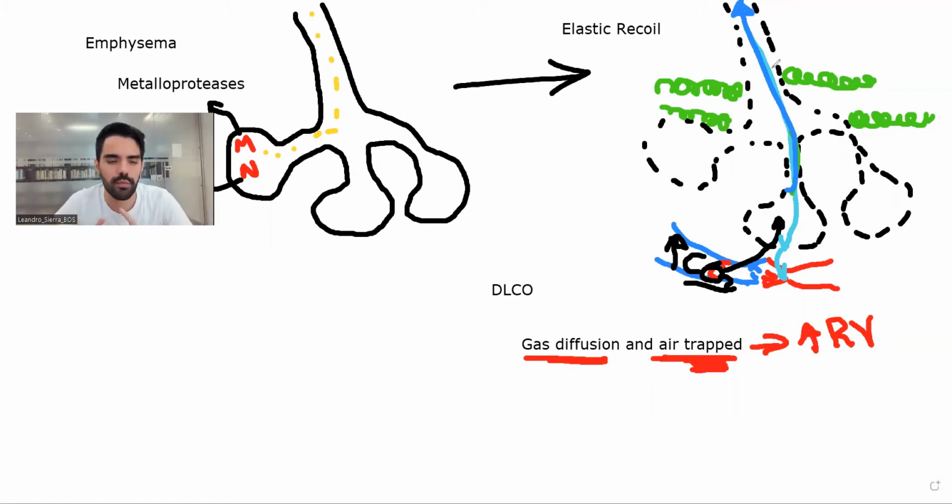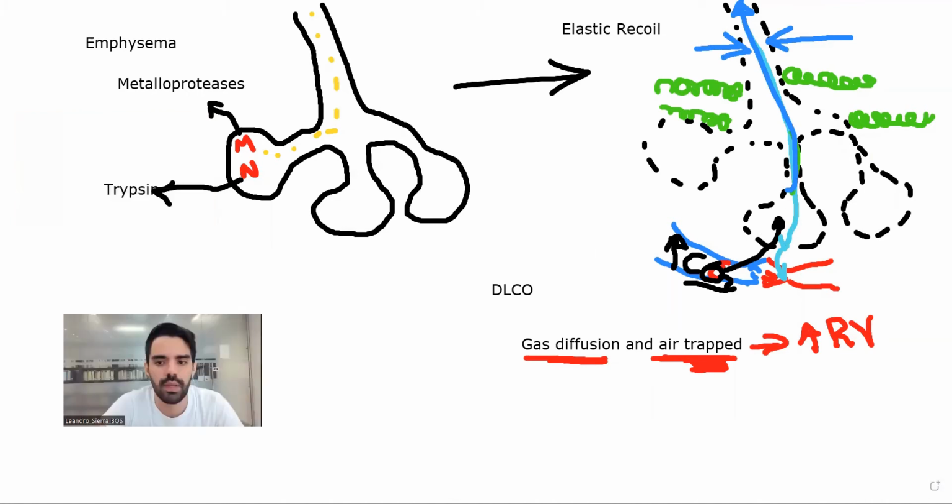So they have to exhale more slowly, right? So that is why this wall collapses and closes, causing this air to stay here, right? That is basically what happens in emphysema, right?